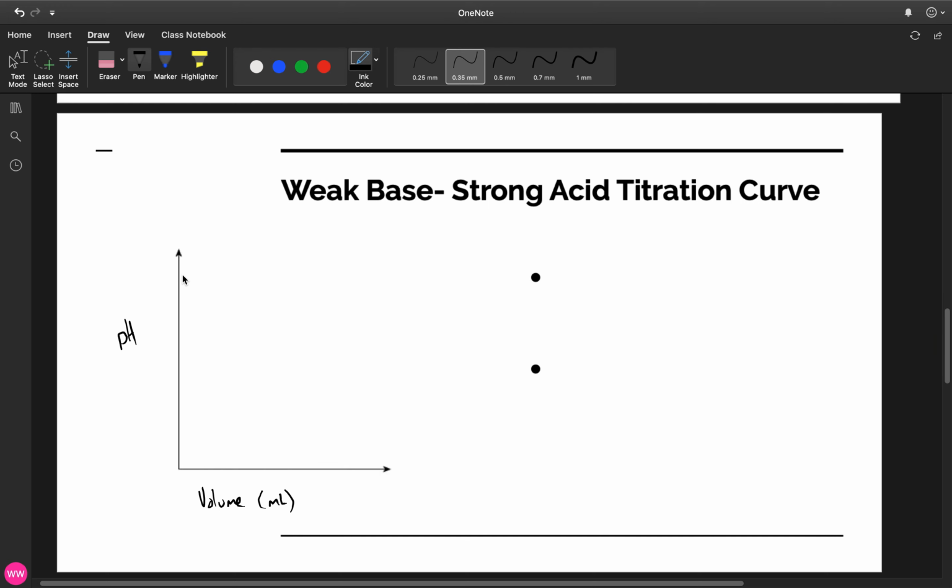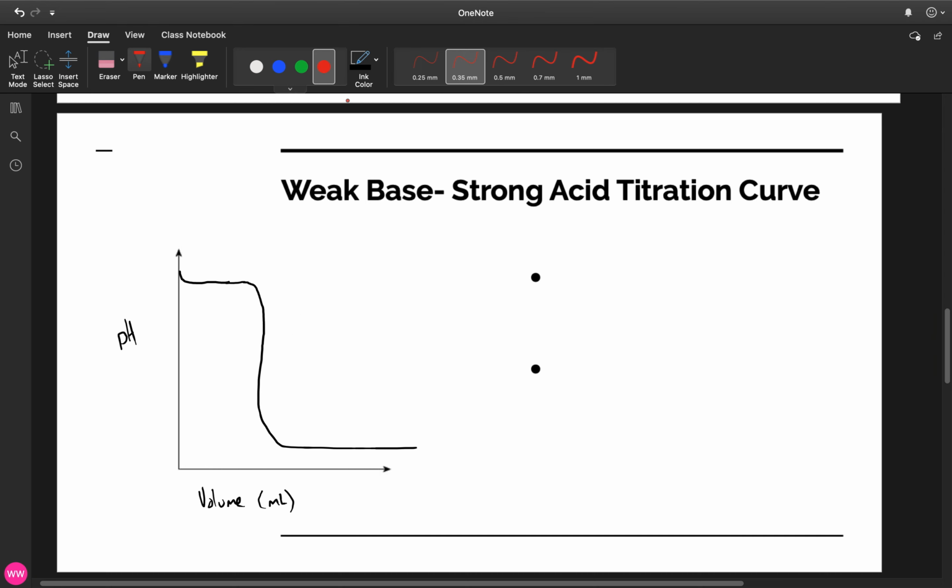When we add acid, there's a slight dip and then it flattens out. That's because as we add acid to a weak base, you actually begin to make a buffered solution. So this middle part is the buffer region. And then as we slowly make our way towards the equivalence point, it begins to dip again, goes down to a lower pH, and then flattens out.